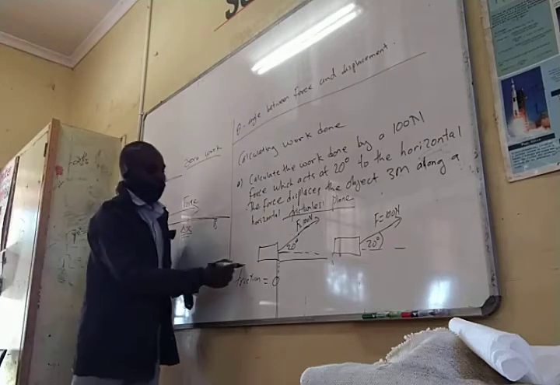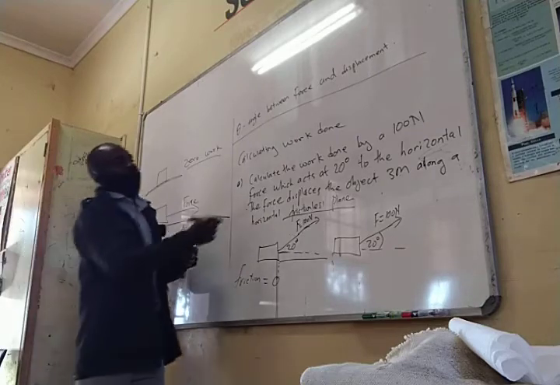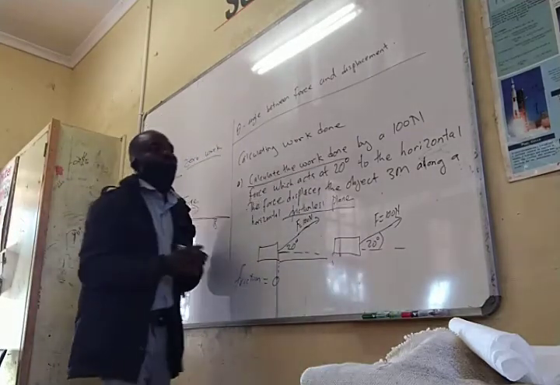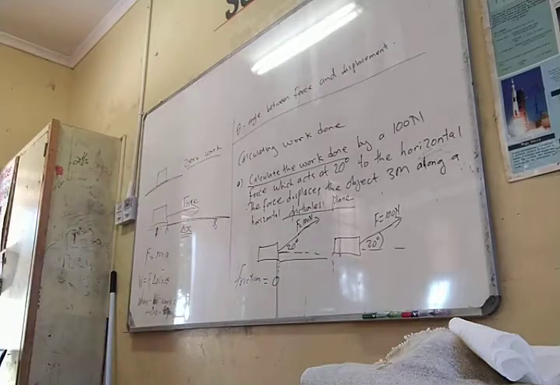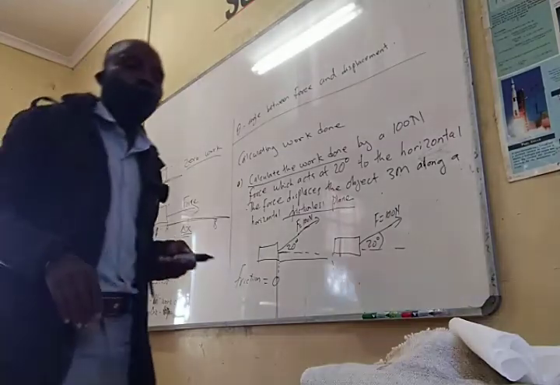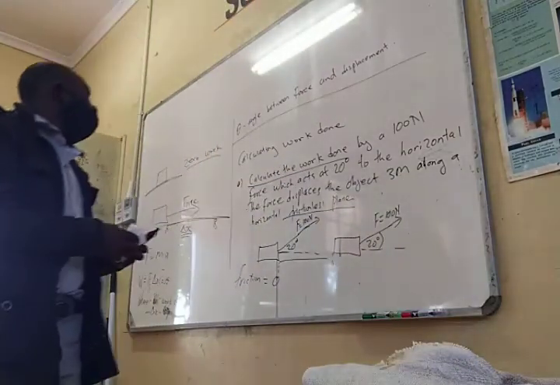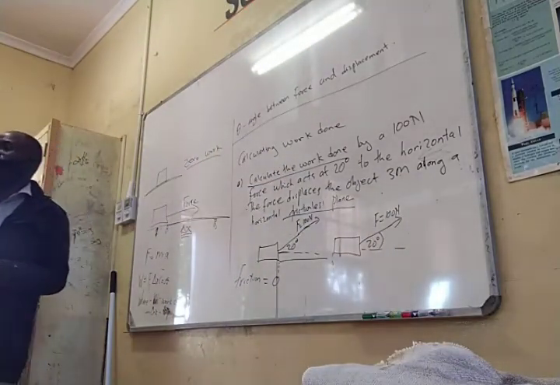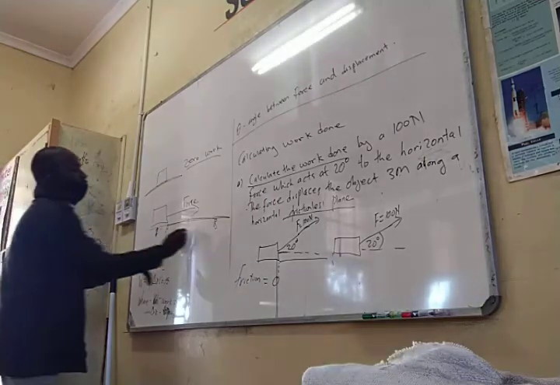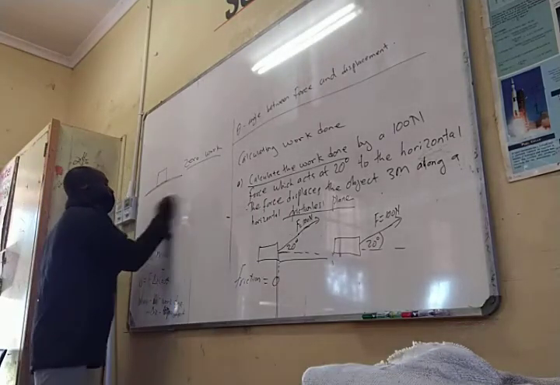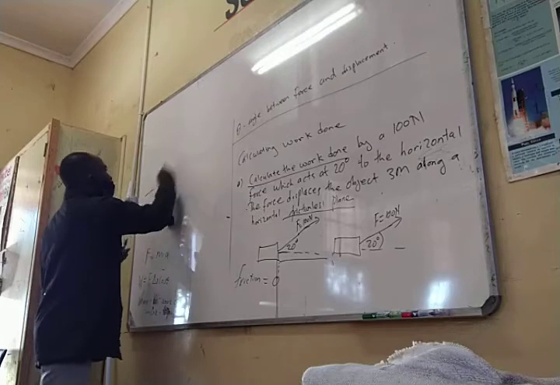Right. And then from this one, in order for us to calculate the work done by a force or a friction force, which formula do we use? What is the formula which you can use to calculate the work done by a certain force? Work is equal to what?